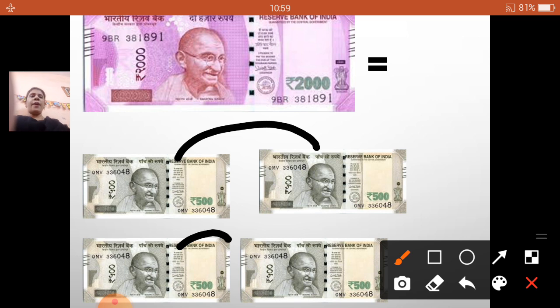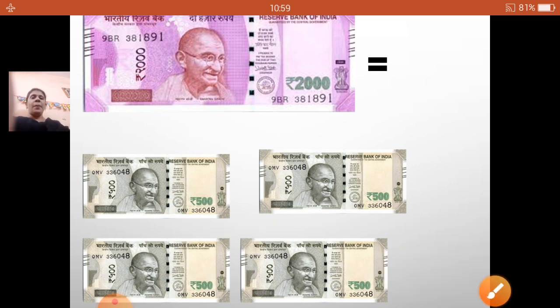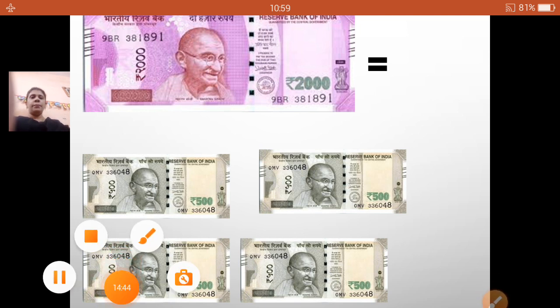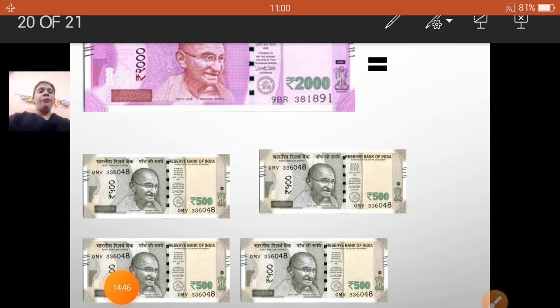And 1500 plus this 500 will be 2000. So 4 500 rupees notes will make rupees 2000.